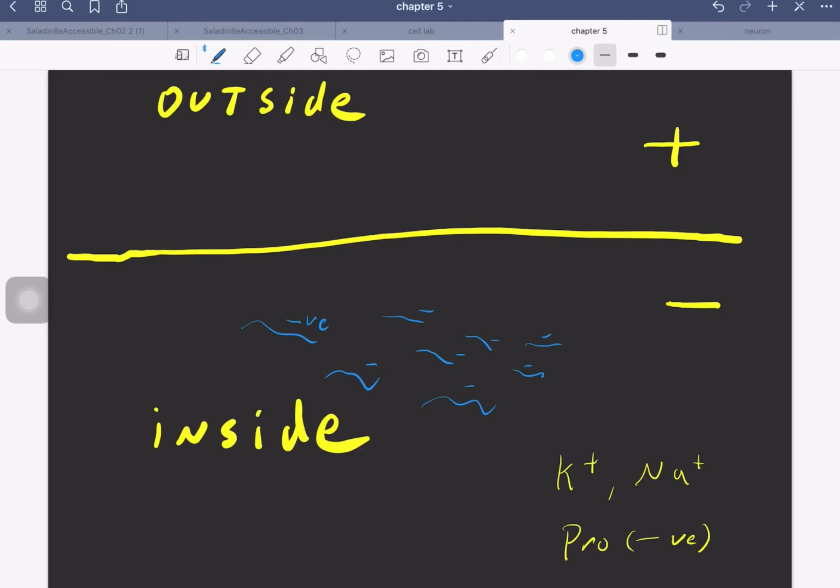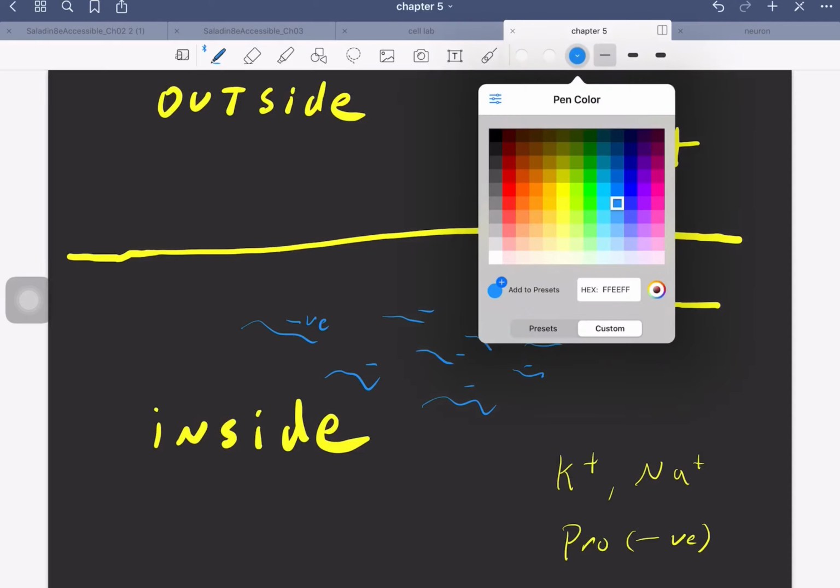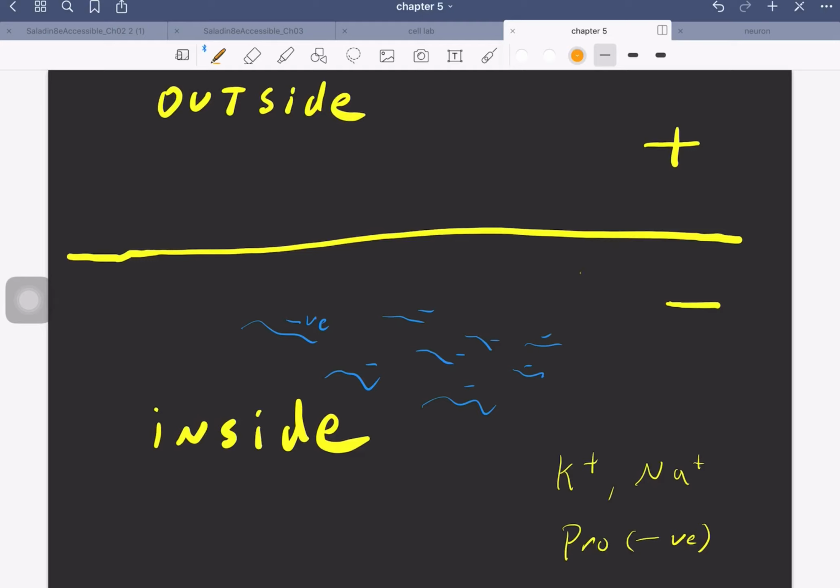Now let's look at potassium, and let's make potassium orange. So let's look at potassium. It's positive. Now, what we're going to see once I set up the concentration gradient, I'm predominantly going to have more potassium inside the cell than outside, and more sodium on the outside versus inside.